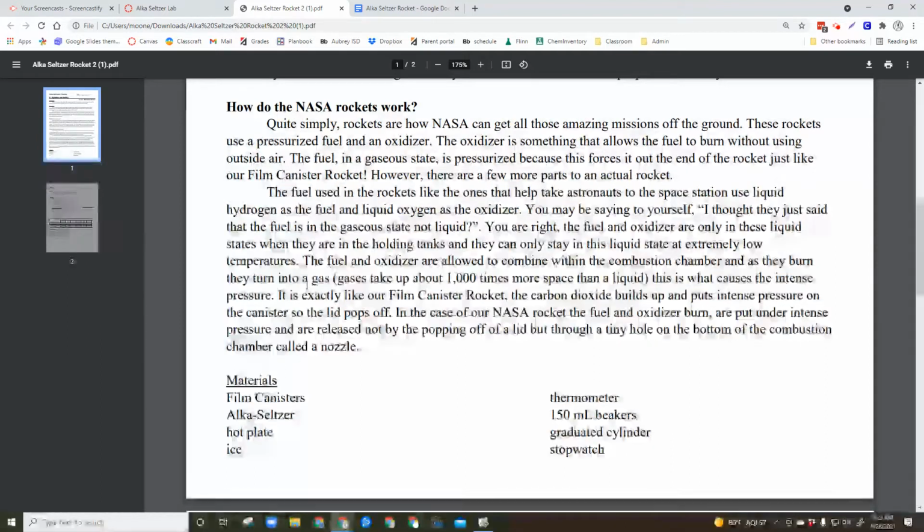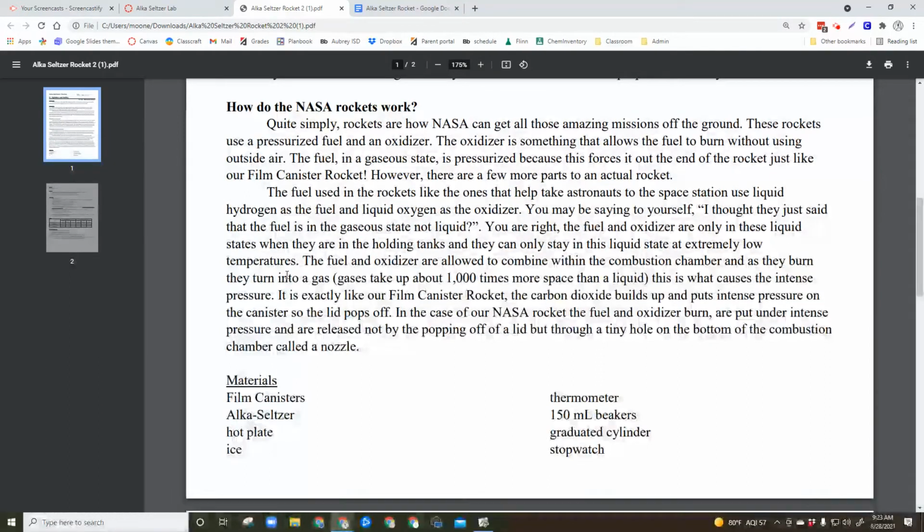So the gas in the chamber, when it burns, it expands, and it takes up 1,000 times more space than the liquid. So it pushes the piston downward, and the piston is connected to a crank, and it turns. And as this crank turns, that's what causes the wheels to turn. I mean, it's a lot more complicated than that, but I hope you get the idea.